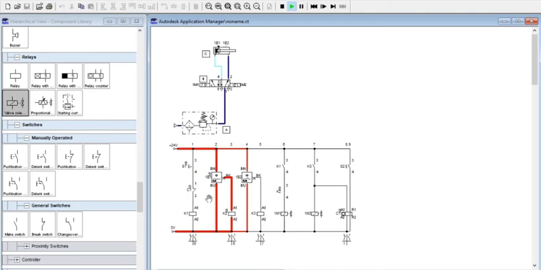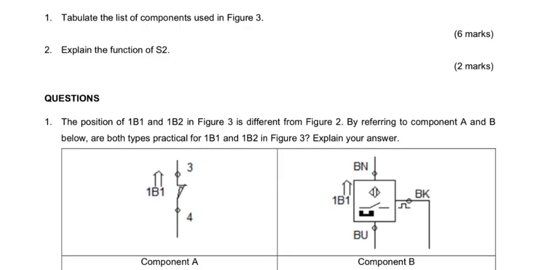Before I forget, when we push the D10 button, the coil of relay K1 also will energize, so the switch at K1 also changes from normally open to normally closed. Okay, that's all from me. Thank you.